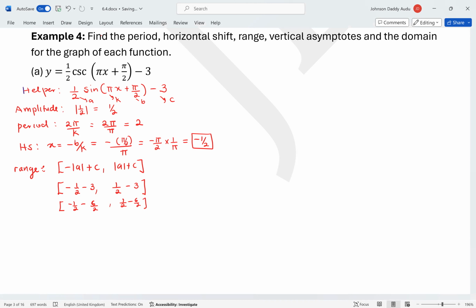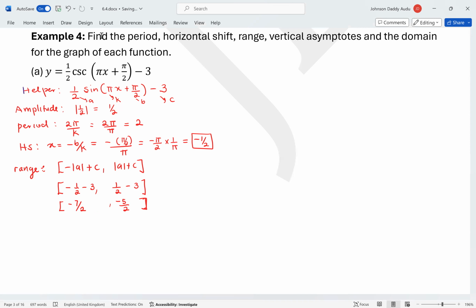So minus 7 over 2 and minus 5 over 2 will be our range. Another thing we need to know is our interval. How are we going to plot the graph?